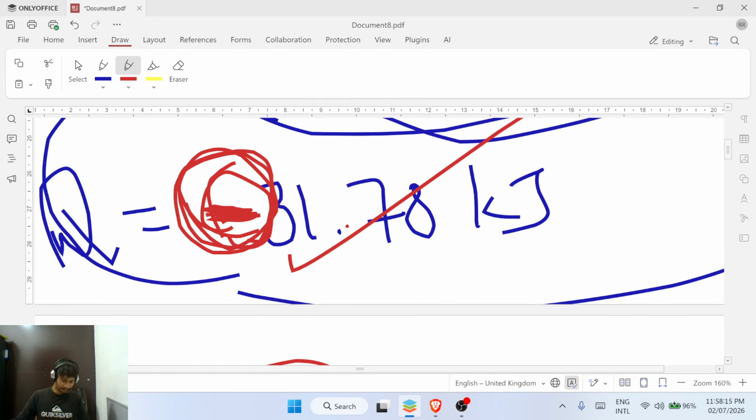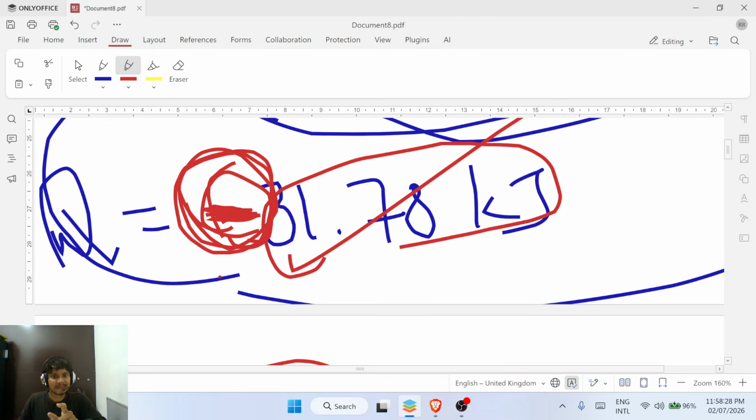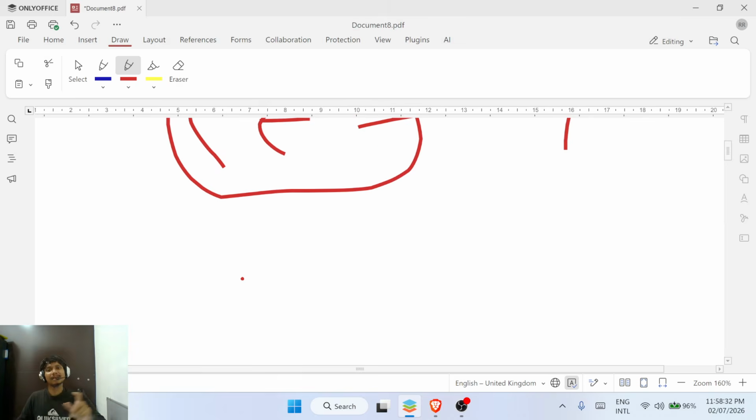For the first question, heat transferred, please write that the heat transferred, Q, is equal to minus 31.78 kilojoule. But practically, when we talk, we don't say minus.